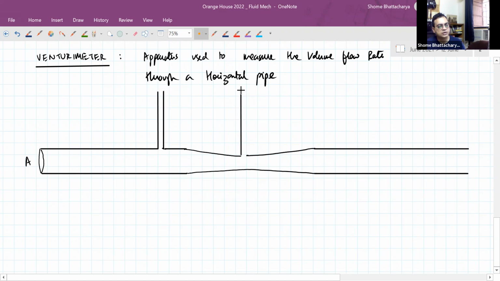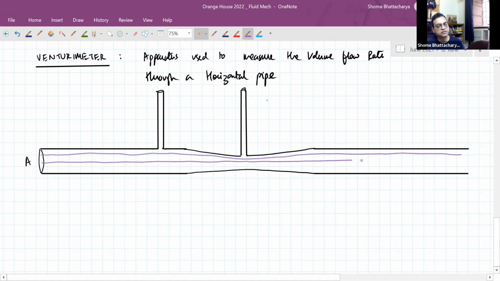Narrow tubes, as you know, are called capillaries. So we have an ideal fluid in steady flow like this.